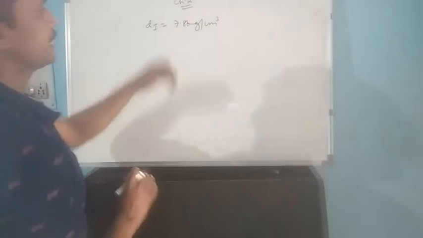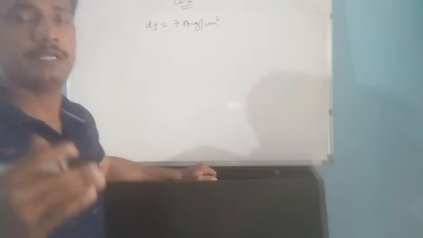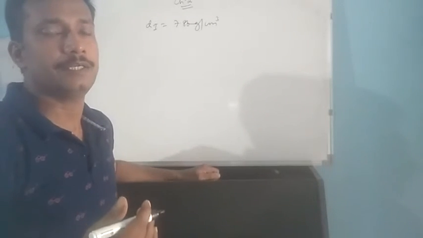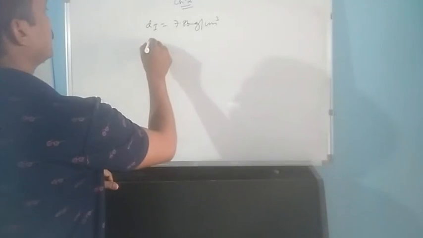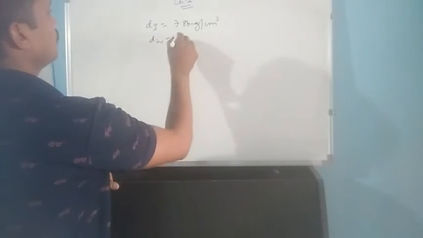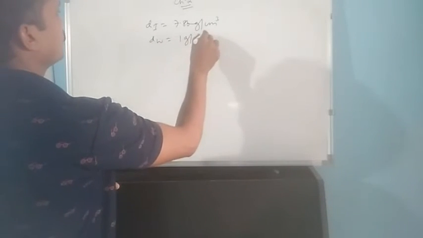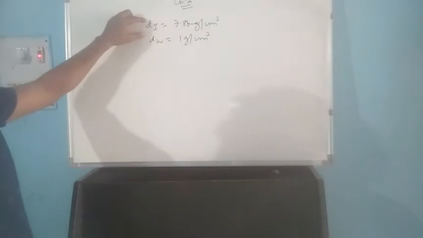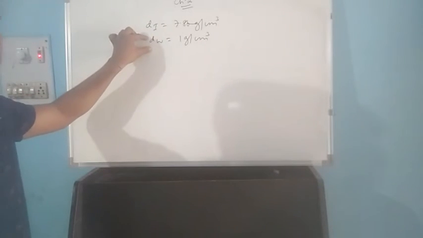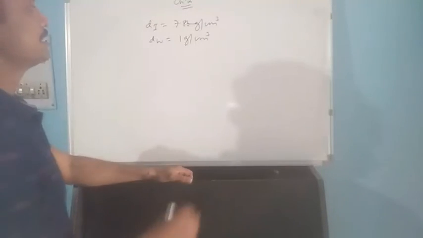Let us check whether it will float or sink in water. Then you have to compare the density of iron with the density of water. Density of water is 1 gram per centimeter cube. So in this case the density of iron is more than density of water, so it will sink.